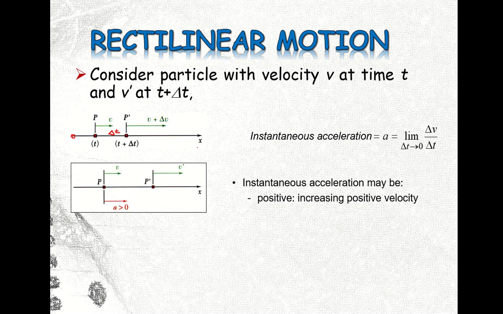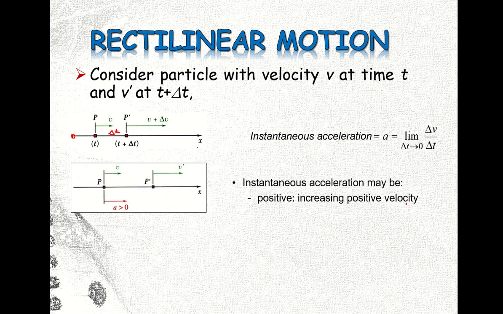So our a here is also greater than 0. So they are on the same direction, the velocity and acceleration, both in the same direction. All right. So this is a scenario where the instantaneous acceleration is positive, and this indicates increasing positive velocity.